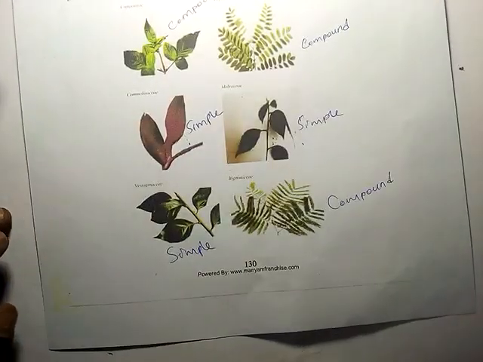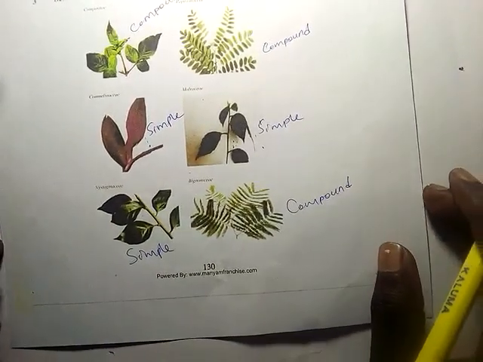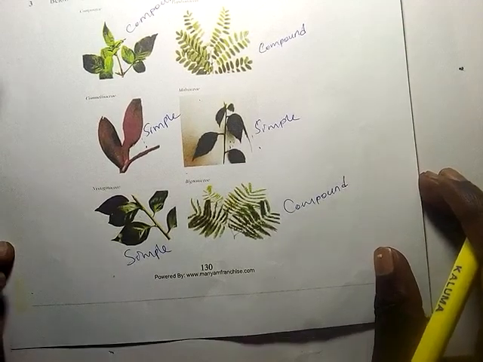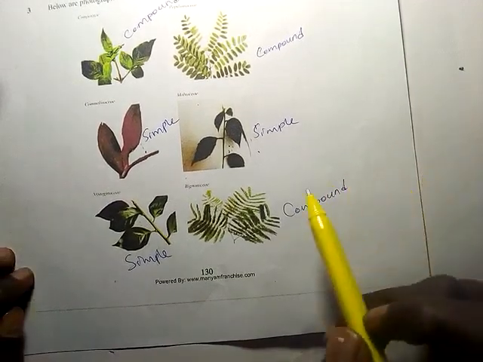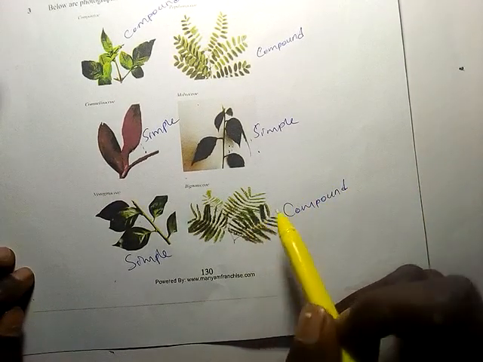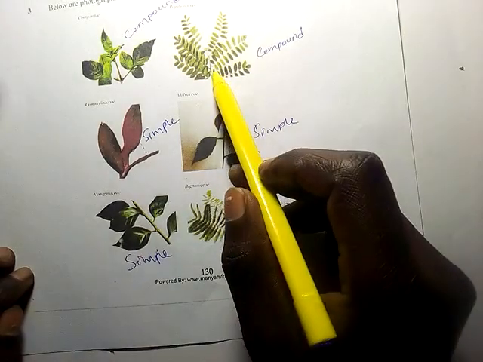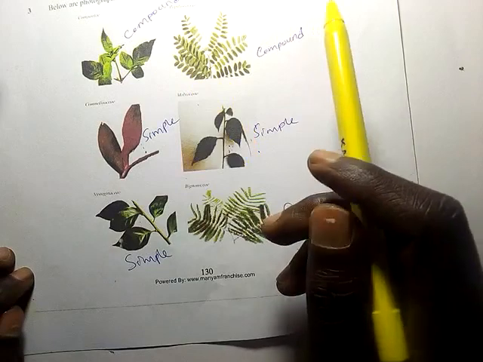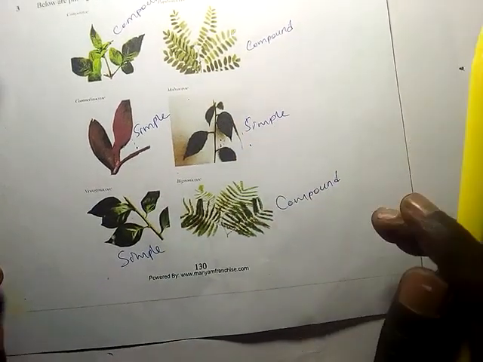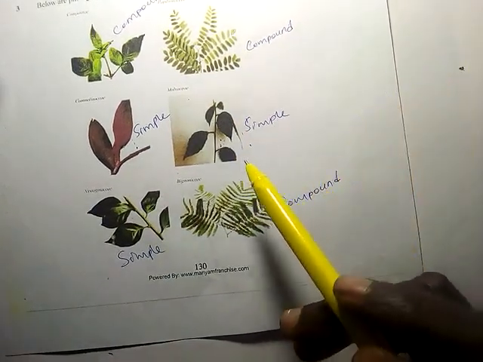Let's see the compound leaves. Now here we will say leaf opposite, that have the leaves opposite, and the other one with alternate. You'll say leaf opposite and leaf alternate.